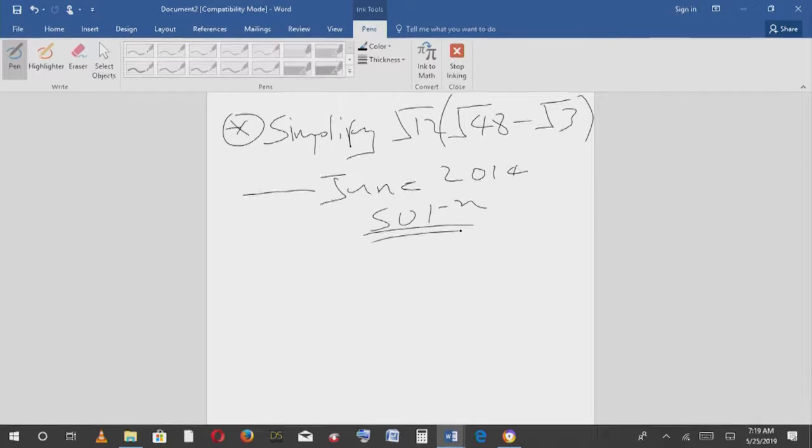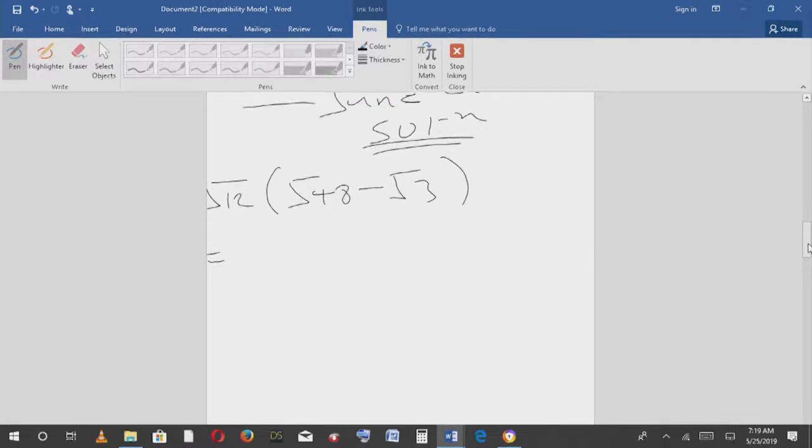So let's break this down a little bit. This is root 12 all into the root of 48 minus the root of 3, okay. So this gives us, what about 12? 12 is the same as 4 times 3, and 4 there is a perfect square. We say 4 multiplied by 3 all under the root, all into the root of 48.